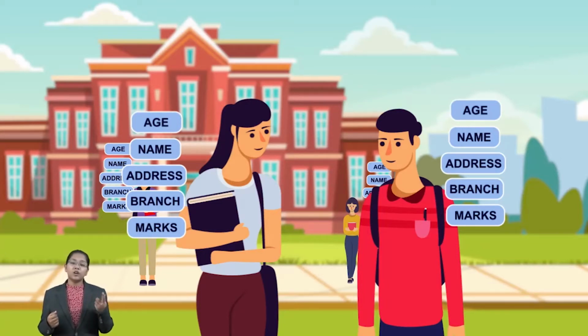Firstly, for the first student I will take each and every parameter and store it in a unique variable. Let's say for the first student it will be N1, that is name. Then for age A1, branch B1 and then address, let's say D1. Okay. Now these are my parameters, these are my variables.